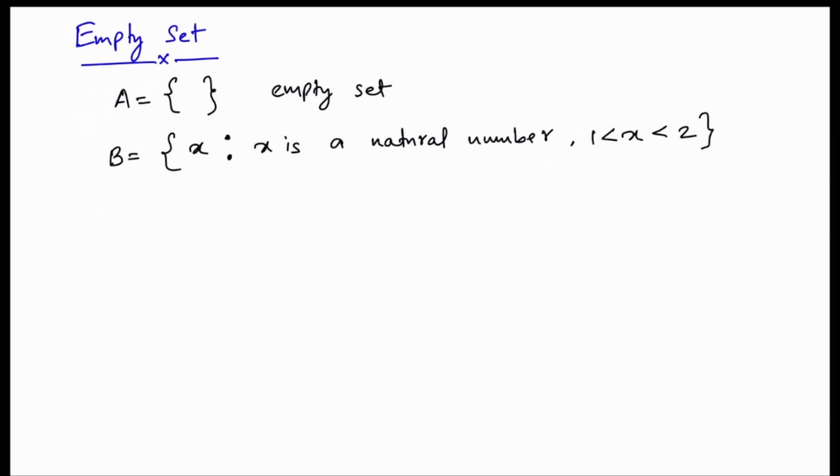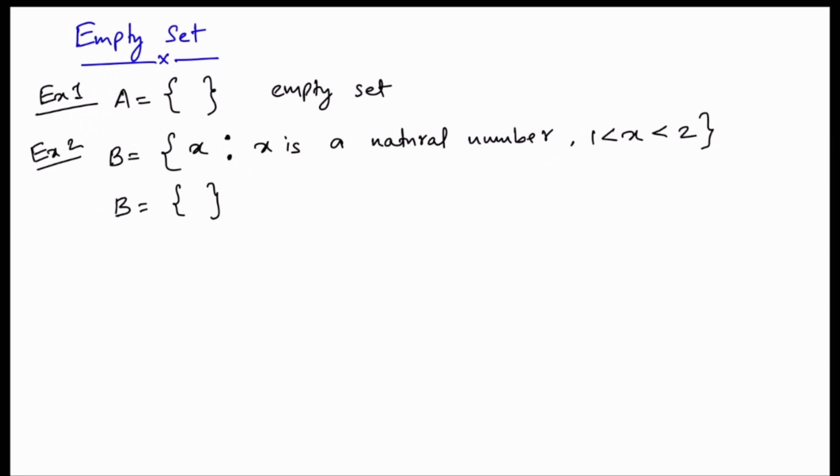There is no natural number which is greater than 1 as well as less than 2. So there won't be any element in the set in roster form. It will be blank. There will be no element. Now this is another example for an empty set. This is example number 1. This is example number 2.